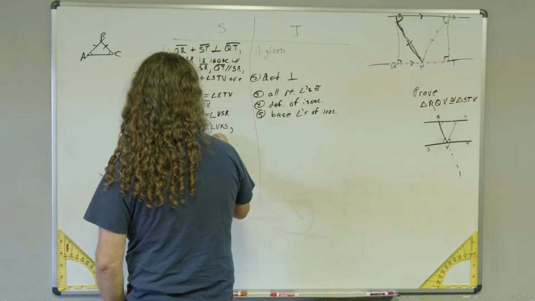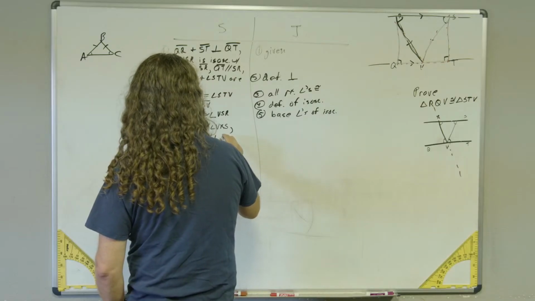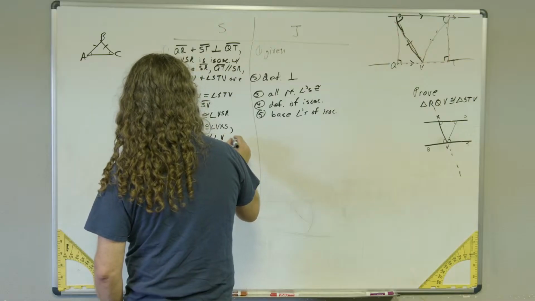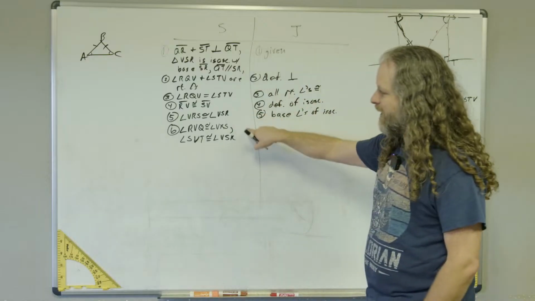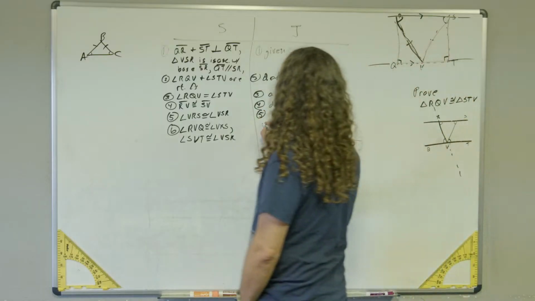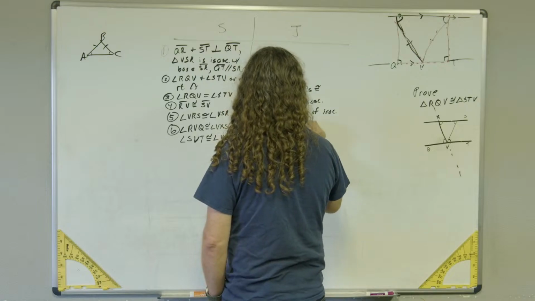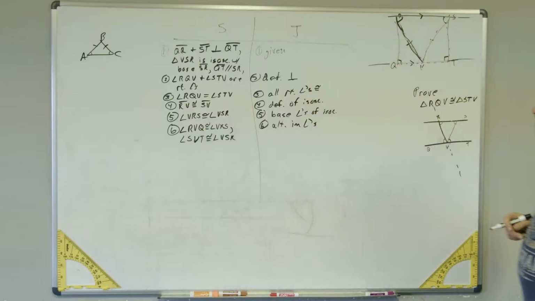SVT is congruent to angle R, no, we label it with V first, right? VSR. Those match. That's handy, yeah? We just said that this is because of alternate interior angles, right?